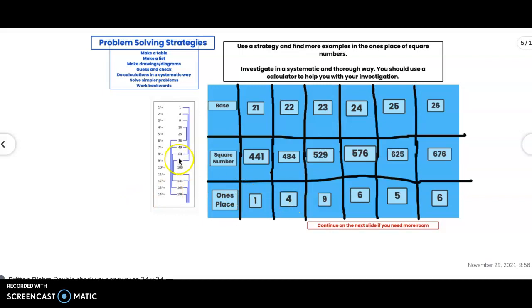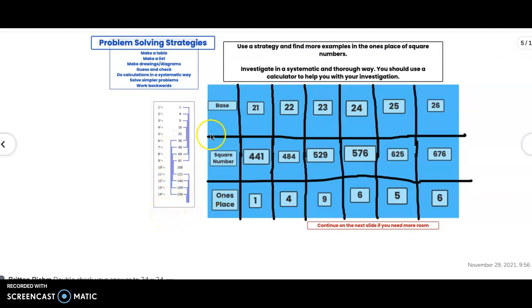If we take a look at this slide here, we can see a really nice strategy to find more examples that have to do with this diagram.